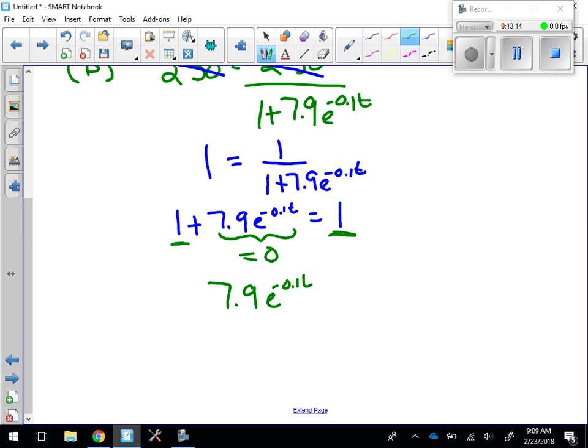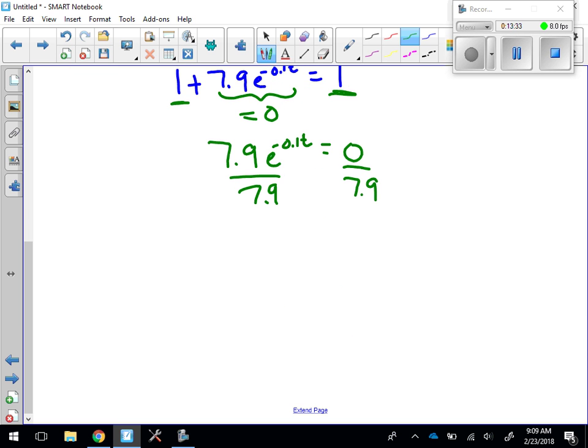Of course, I can divide both sides by 7.9, because 7.9 will never in a million years be equal to 0. That leaves me with e to the negative 0.1 t is equal to 0.